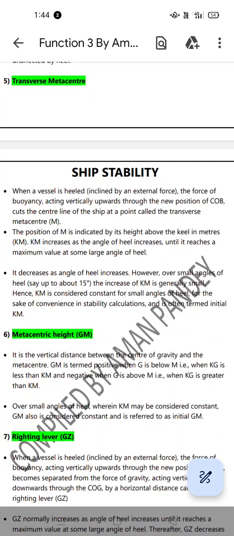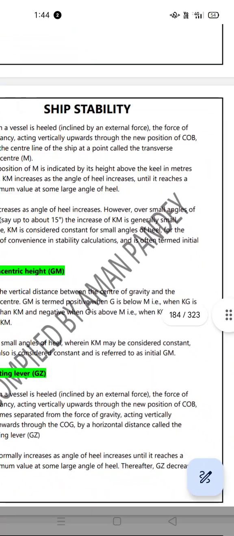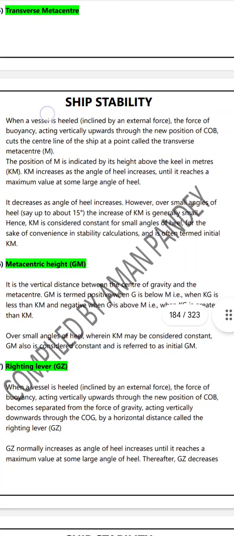The distance KM is termed the initial KM. When a vessel is heeled, the force of buoyancy acts vertically upward through the new position of the COB at a point called the transverse metacenter. This point is indicated by its height above the keel in meters.